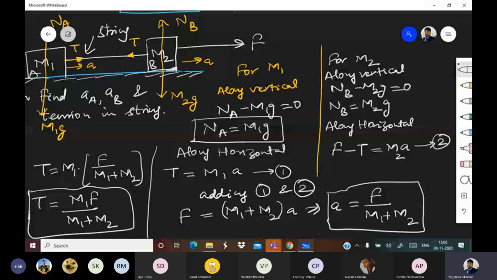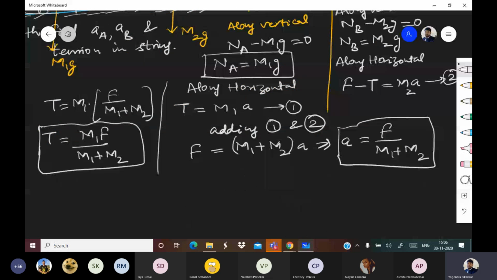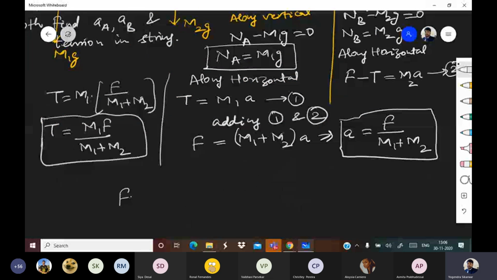So directly, F is equal to M1 plus M2 into A, and A is equal to F upon M1 plus M2. It would have saved our time.